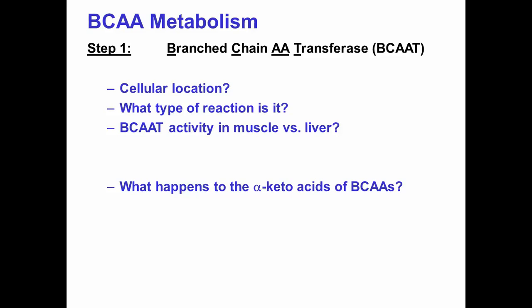I'll show you in a diagram in a minute what else we can do in the fed state. In the fasted state, to make it simple, you're going to oxidize those in the muscle for energy. So in the fasted state, we'll further oxidize those for energy.